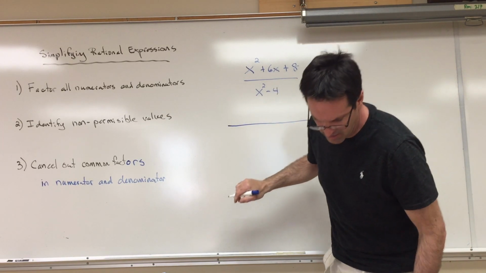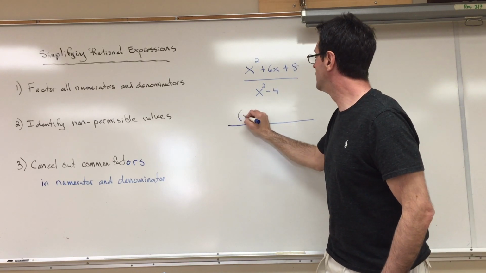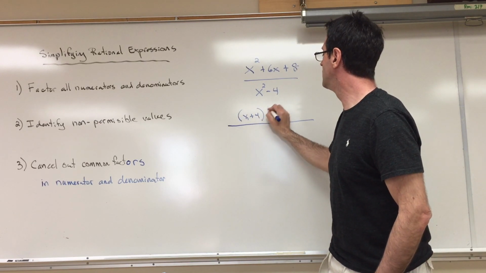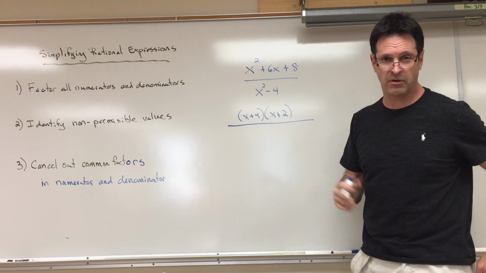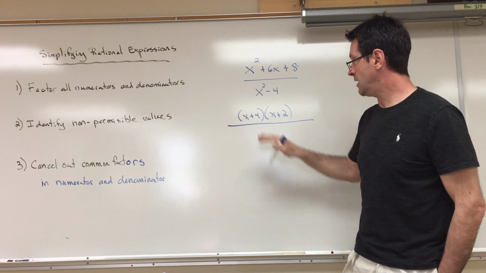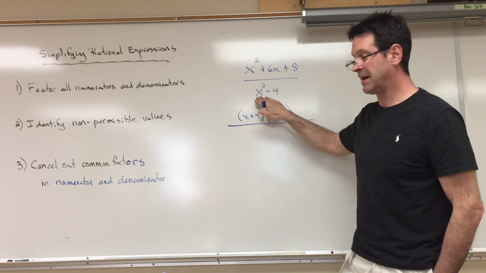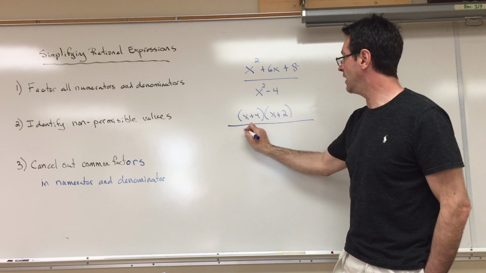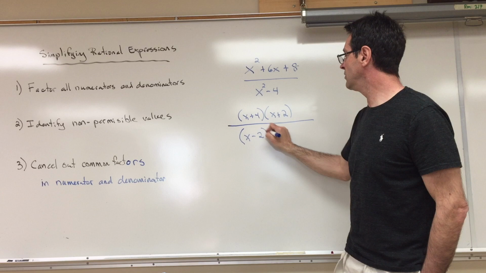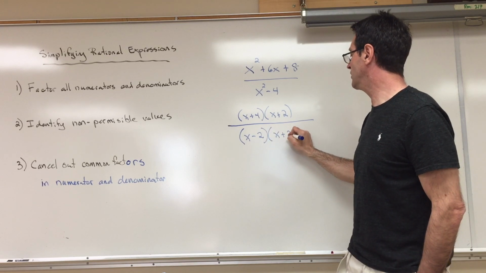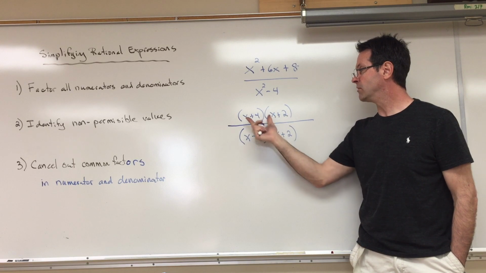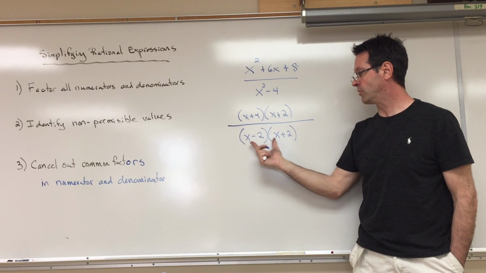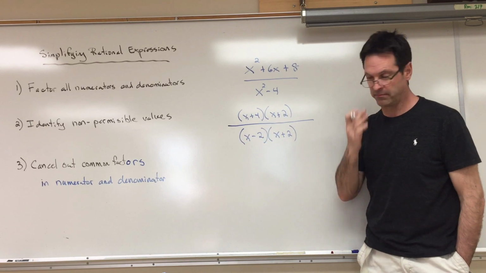The top one factors out to x plus 4 times x plus 2. We factored it like we did in the past. And the bottom one, the denominator, is a difference of squares. I'm going to factor that: x minus 2 times x plus 2. Two binomials being multiplied on top, and two binomials being multiplied on the bottom.